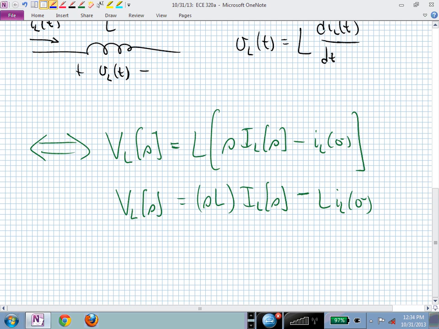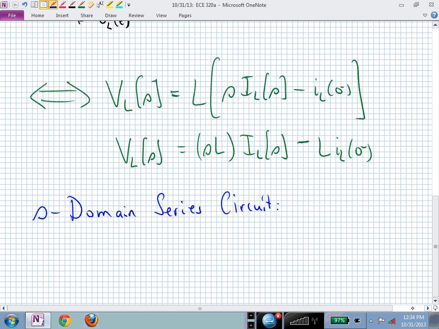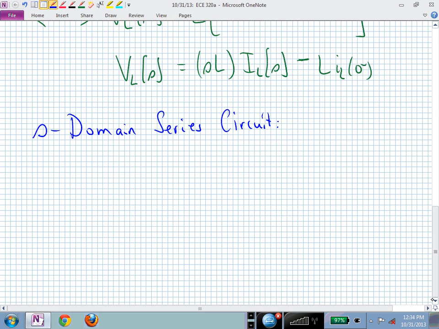And this is what we looked at last time, which is the S-domain series circuit of the inductor, and that we can simply write down by inspection, or if we forget how that's all interconnected, we can simply rewrite KVL. But here is my impedance of the inductor, SL.